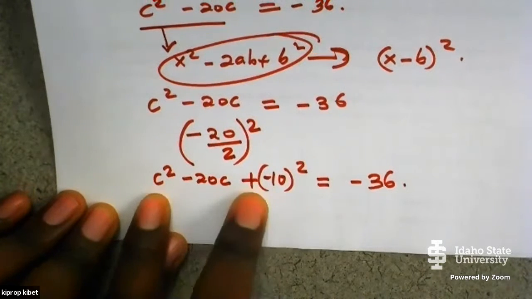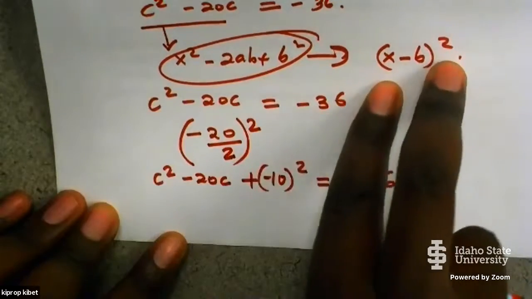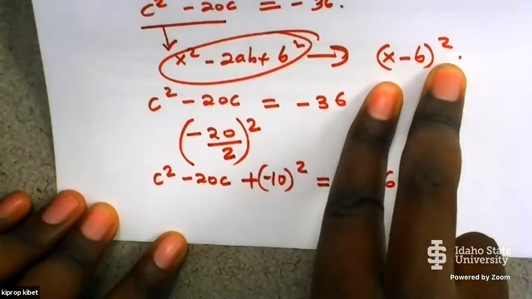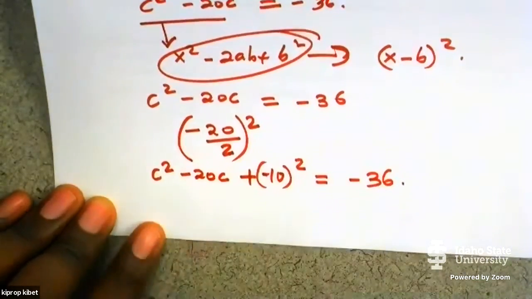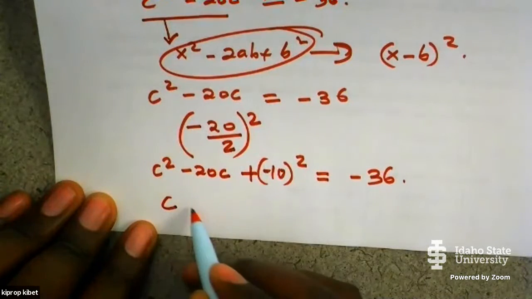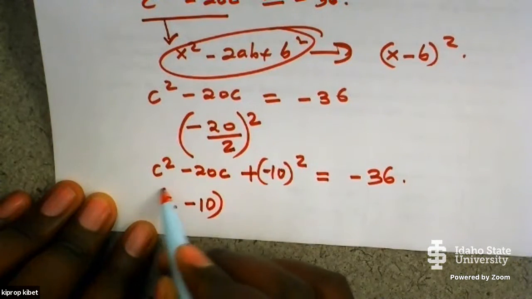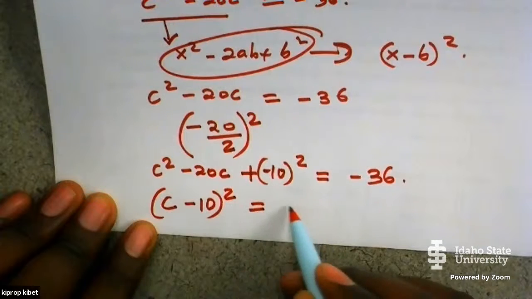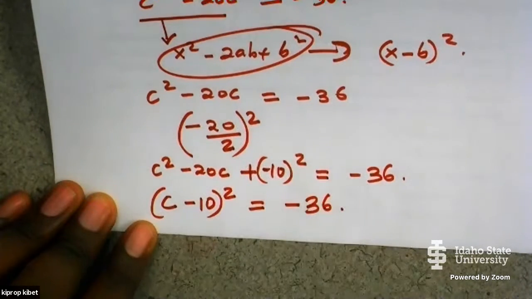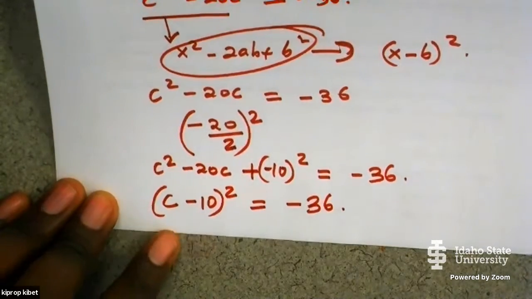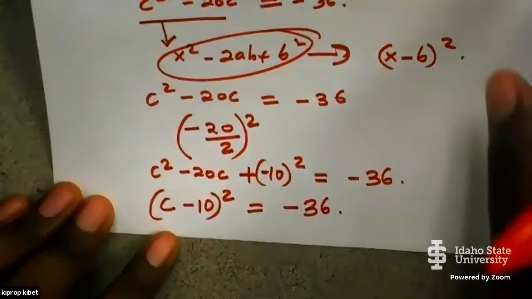Now write this in the binomial square: c minus 10 squared equals minus 36.